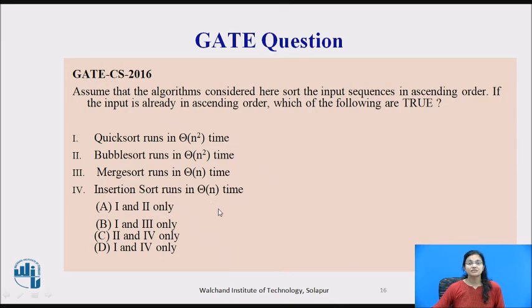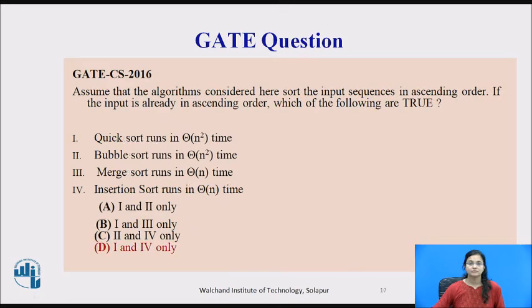So you can answer which one is correct. Here the answer is first and last are correct. QuickSort runs with big O notation n square, and insertion sort, if it is already sorted, will not have swapping time. It will only compare immediately and run in big O notation n time.